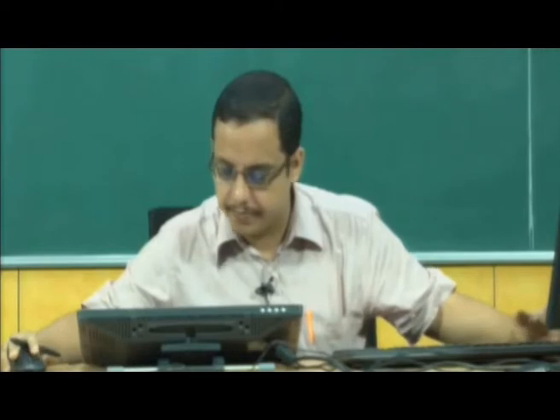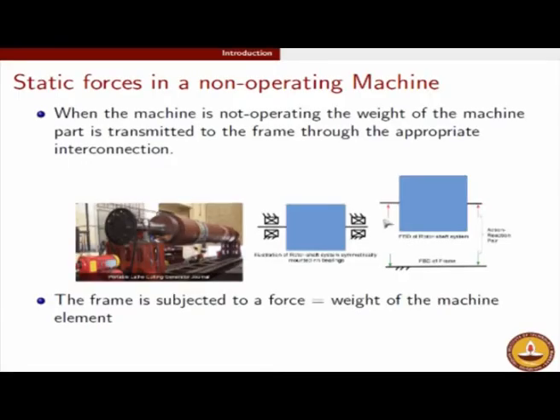So here this is the free body diagram. The red arrows indicate the forces acting on the machine, and the green arrows represent the action reaction pair. Because there is some force acting on the machine, there is a reaction force which is coming from the machine to the ground or the frame. So these two are the free body diagrams.